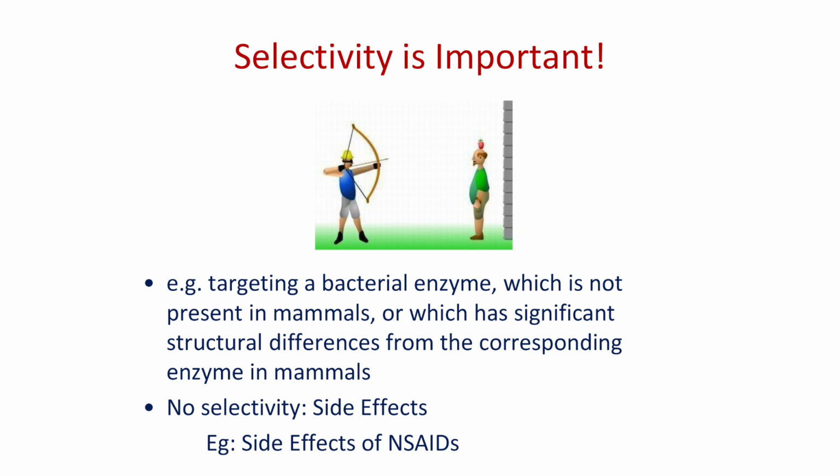If the same enzyme is present in the bacteria as well as in the host, then it may lead to side effects. So, selectivity is important in order to prevent side effects. And the lack of this selectivity is responsible for many of the side effects that we see with the drugs present in the market.